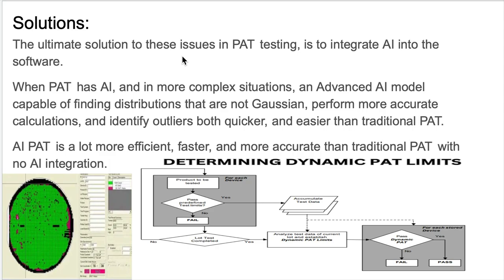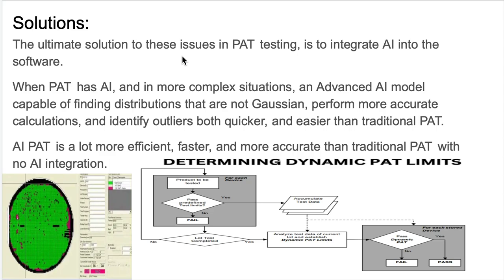You see, PAT with AI can handle more complex situations than traditional PAT. AI PAT can do a lot more things that PAT on its own cannot, such as it can find distributions that are not Gaussians. It can do binomial distributions, uniform distributions, other than normal distributions.